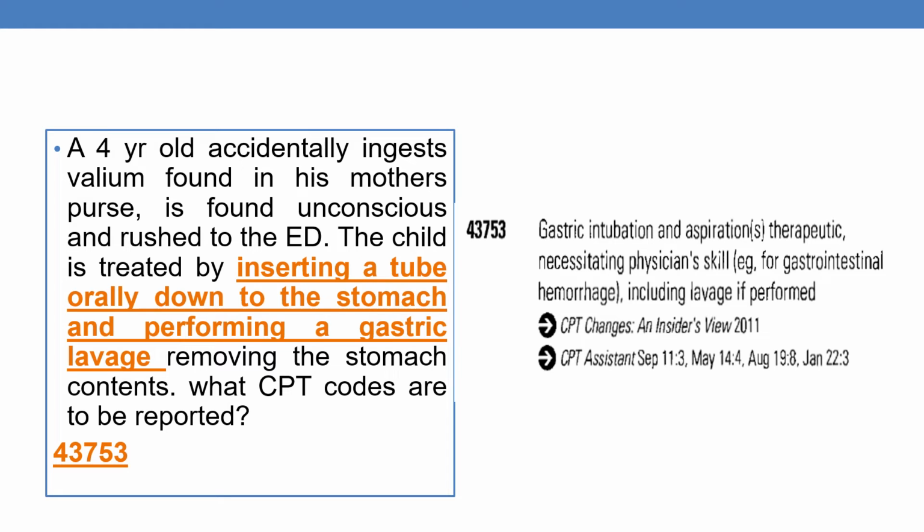Insertion of tube orally down to the stomach and along with it gastric lavage is performed. So the correct CPT is 43753. If you see the description of 43753, you can find gastric intubation and aspiration therapeutic necessitating physician skill, that is for gastrointestinal hemorrhage, including lavage if performed.